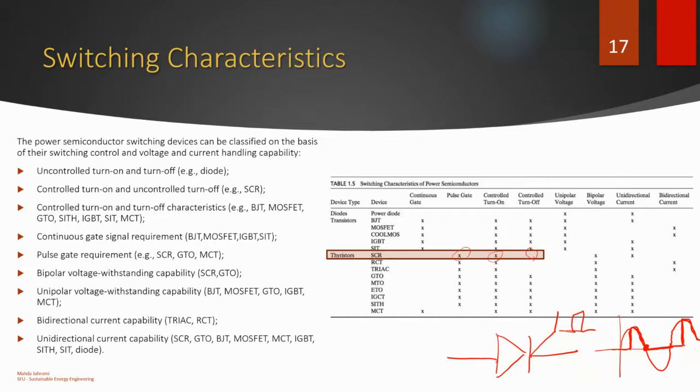If you give it a sine wave as the input. And the other thing is that it can't handle bipolar voltages, so it always needs this side to be positive, this side to be negative. Sorry, it can't handle unipolar voltage.